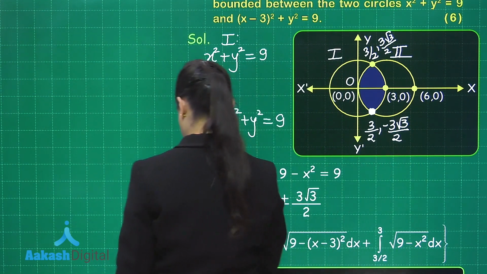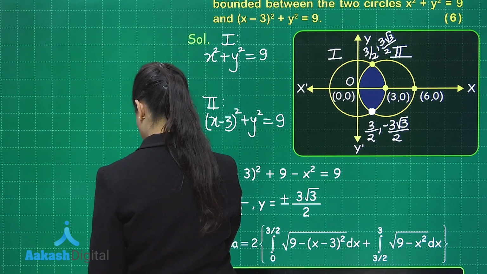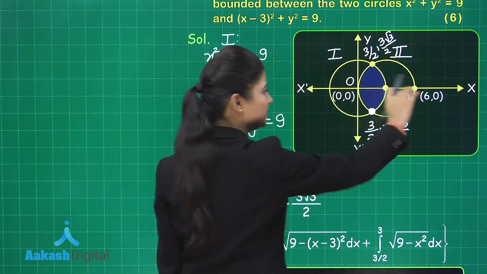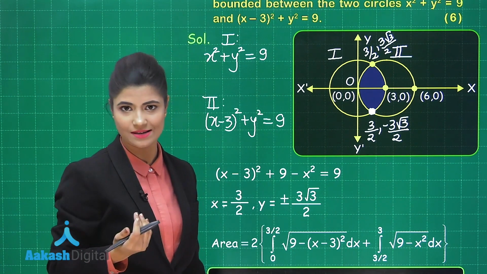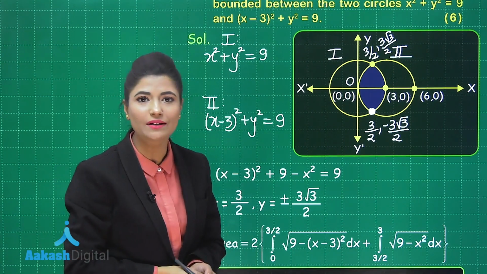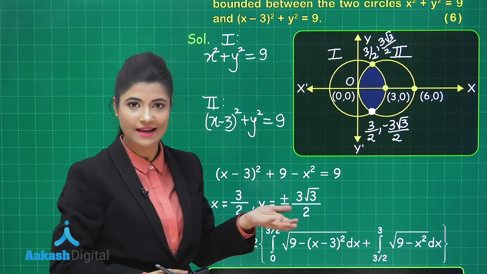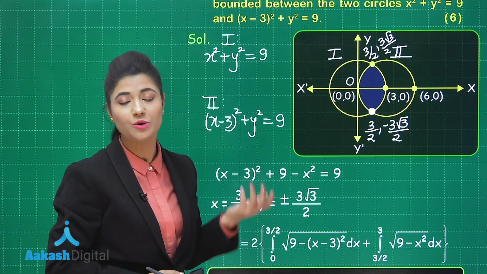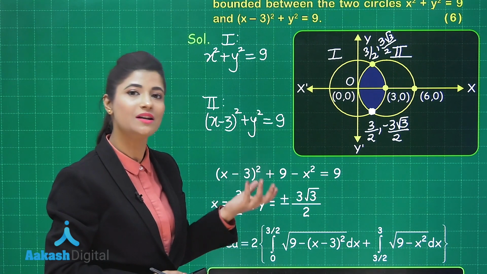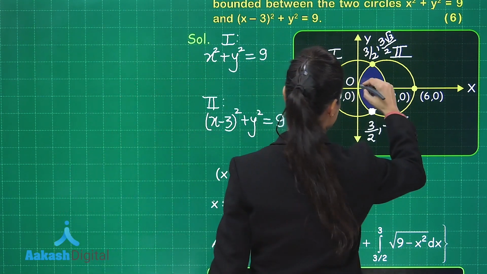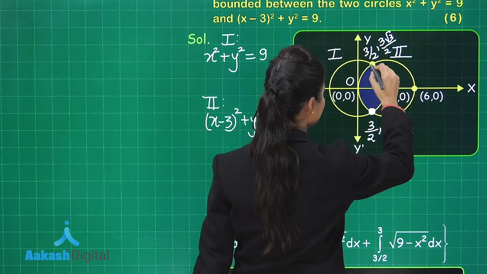So in this case I can clearly see that these are the points of intersection. This is the bounded region which is being divided by the x-axis into two parts. So what best can be done? Here we can consider the area of the first part, which is the upper part above the x-axis, and double it to get the required shaded area, which is the required bounded area between the two circles. For obtaining this, here we have the equation of the second circle.